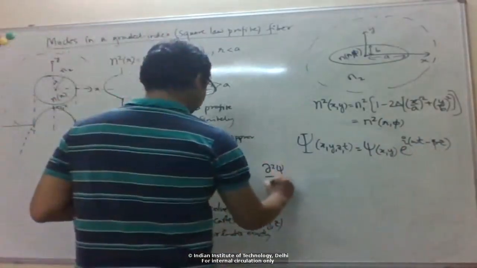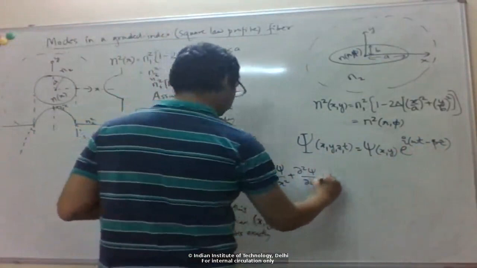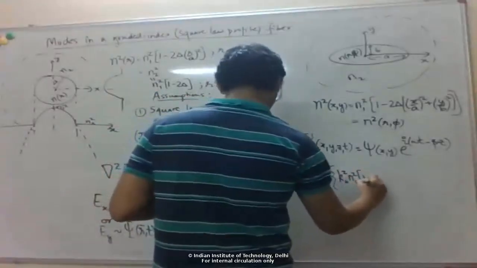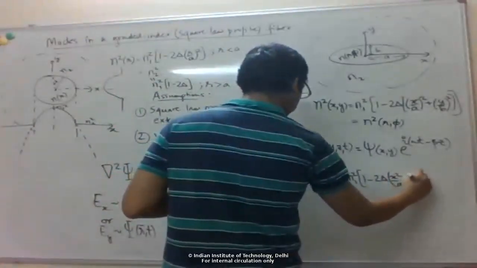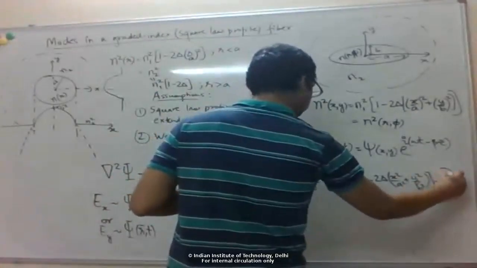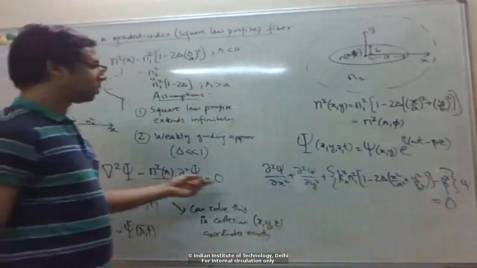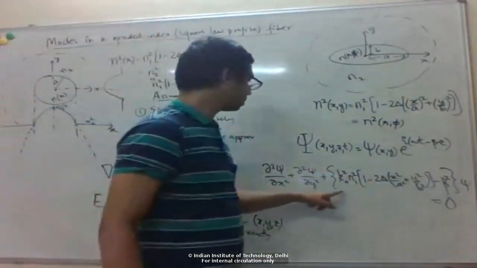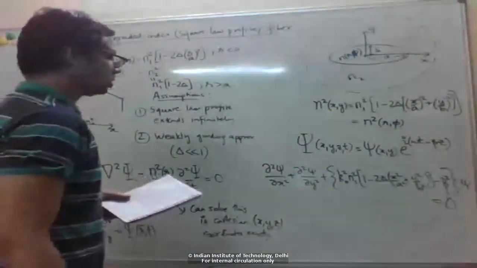In Cartesian coordinates, we get this. Again, for the z component, the double derivative will give me minus beta squared, and the double time derivative will give me omega squared, so the k naught term.